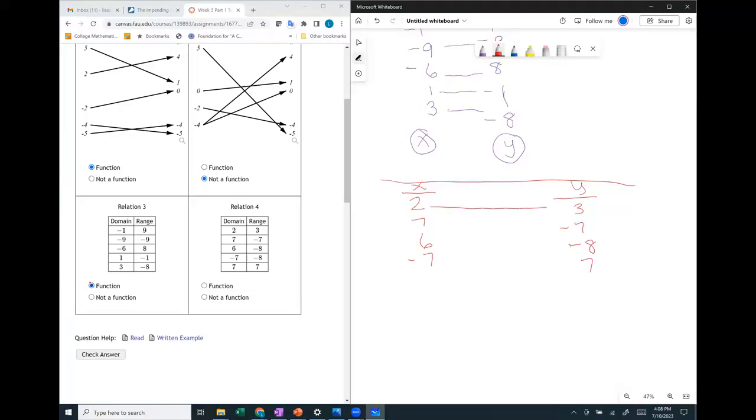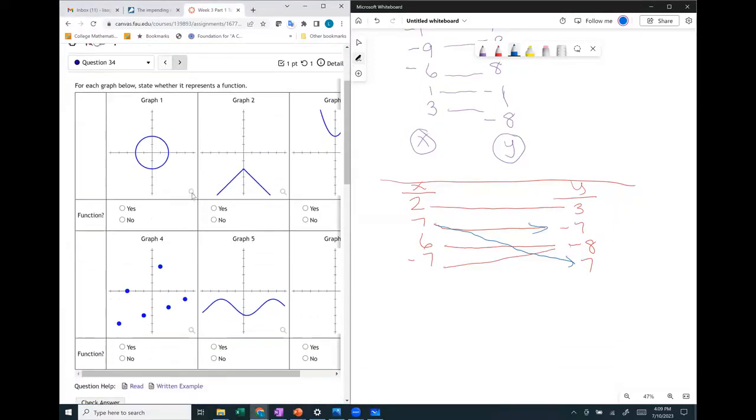So 2 goes to 3, 7 goes to -7, 6 goes to -8, -7 goes to -8, and 7 goes to 7. This is the one that doesn't work because 7 has 2 different Y values. And remember, the definition is for every X, there's only one Y. Here for this X, 7, I have 2 different Ys. This is not a function.